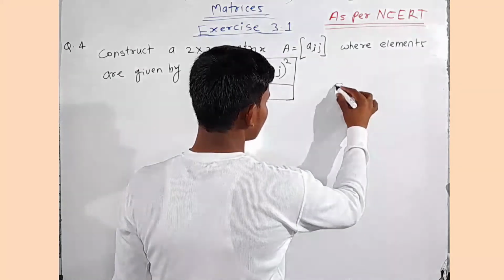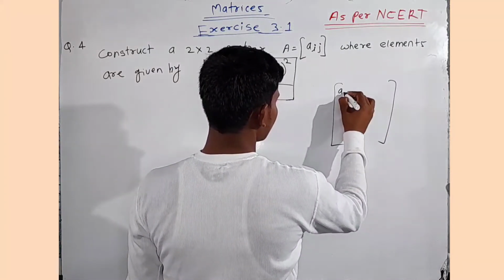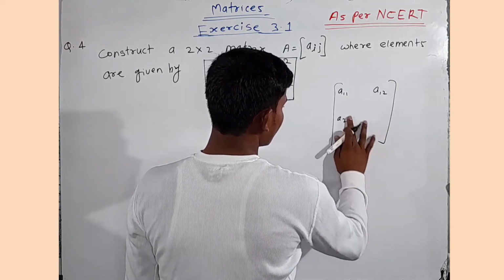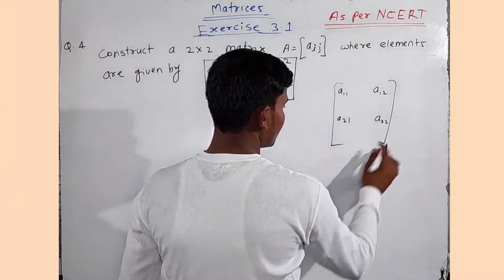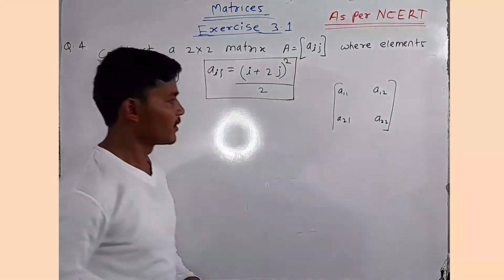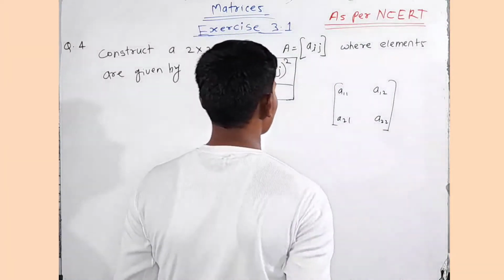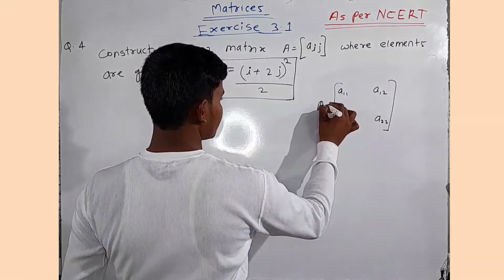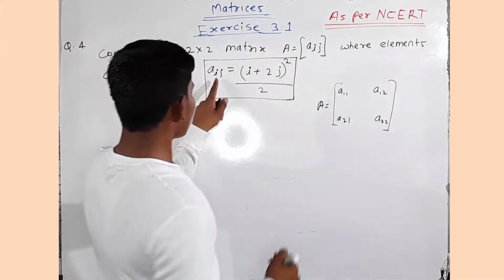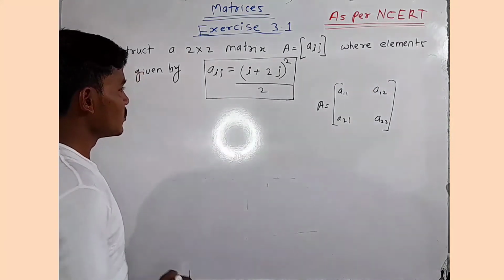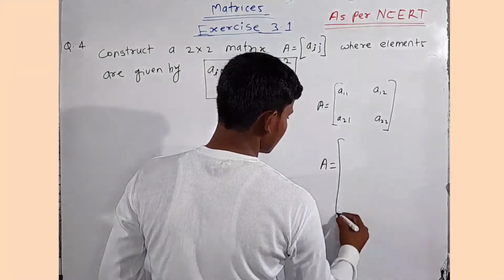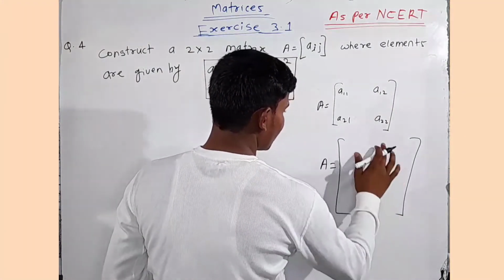That means we have to construct this matrix A11, A12, A21, A22. Here i and j are the row and column. So we will write all the elements in this matrix.